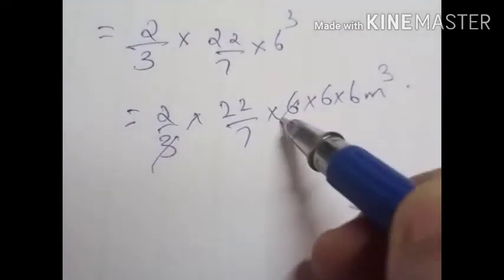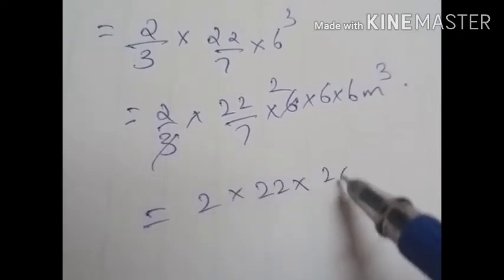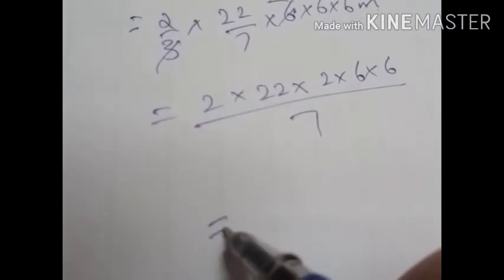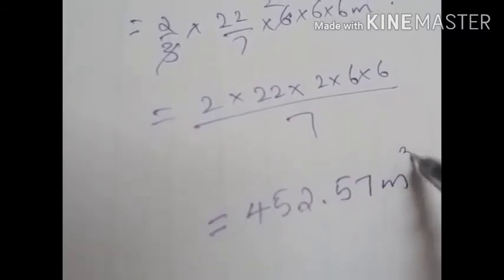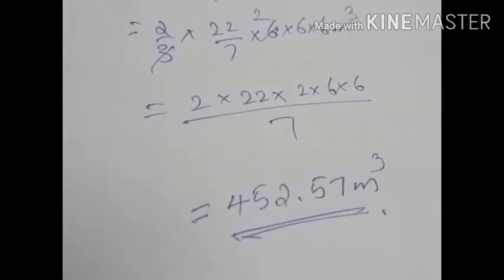We can simplify this, and we get 452.57 meter cube.